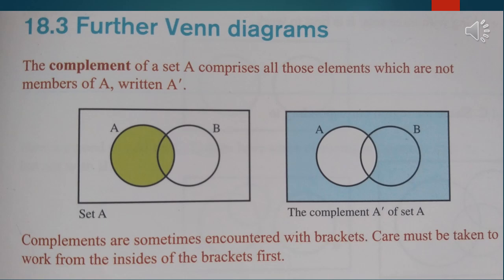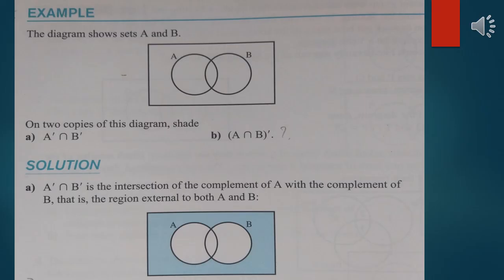Complements are sometimes encountered with brackets. Care must be taken to work from the insides of the brackets first. Another example: the diagram shows sets A and B, two intersecting sets. Make two copies of this diagram and shade A outside and B outside.